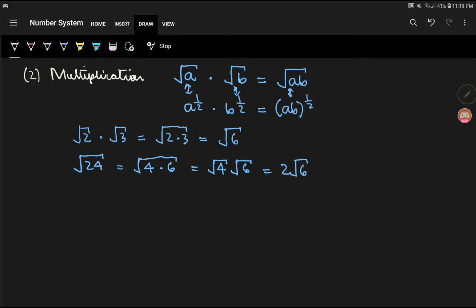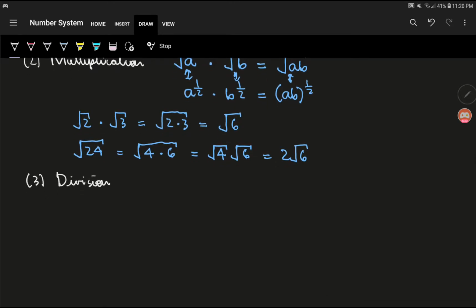Okay, last operation is division. For division, because when we understand the multiplication, division is simple. The division of two surds is simple, because it's still related to laws of indices.